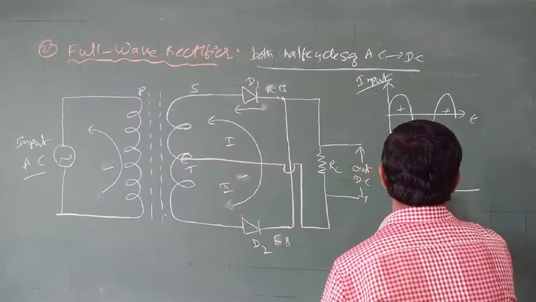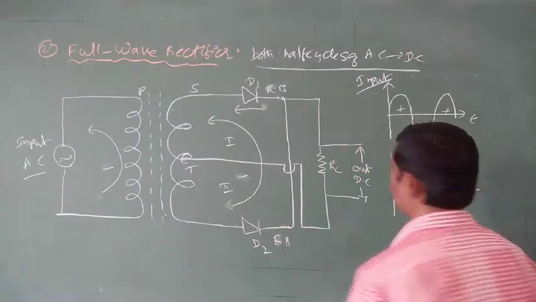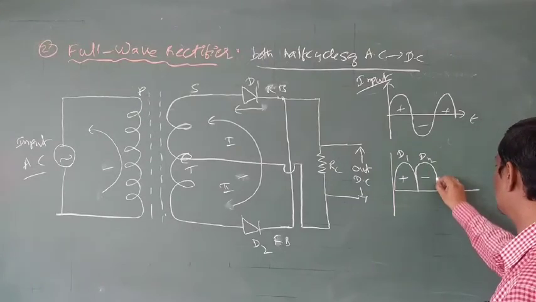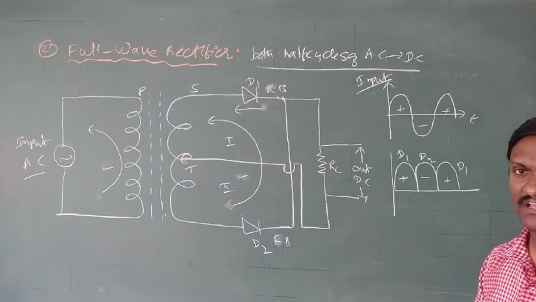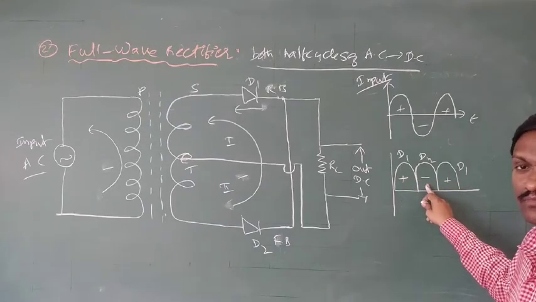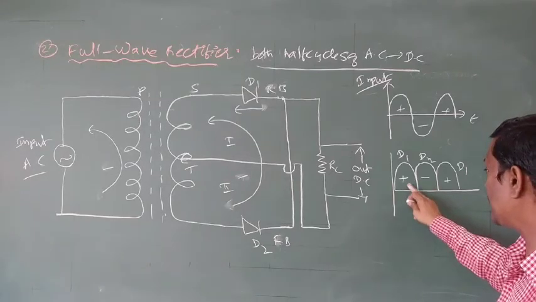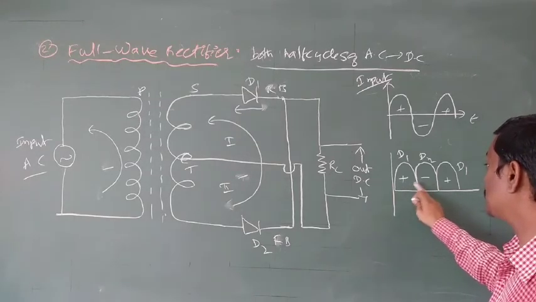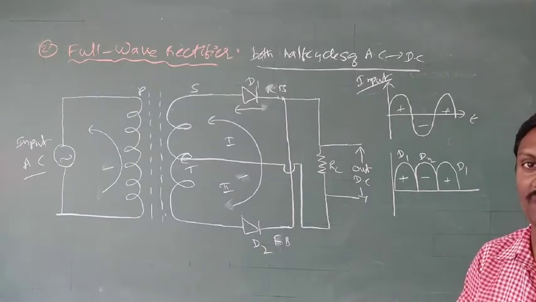So the negative half cycle is rectified separately by diode 2 and the positive half cycle is rectified by diode 1. In this way, both half cycles are converted into DC. The positive half cycle is converted and the negative half cycle is also converted, but they come side by side, because both half cycles are rectified separately.